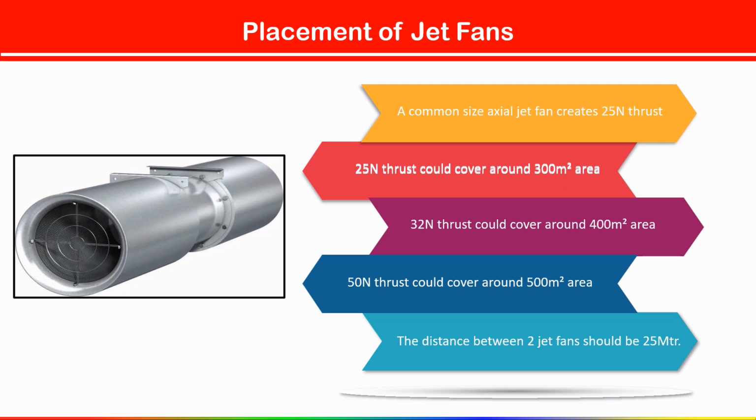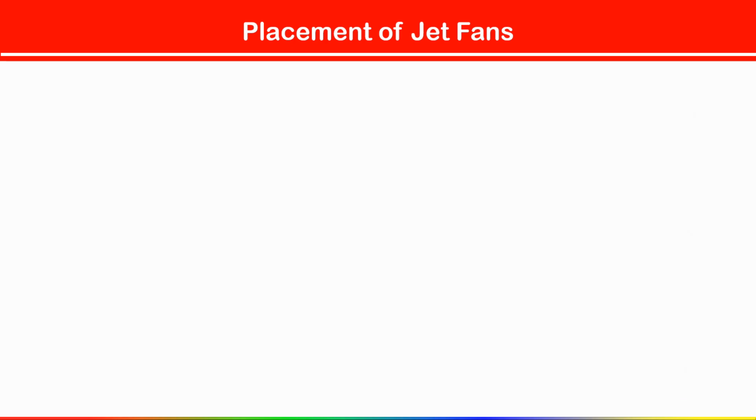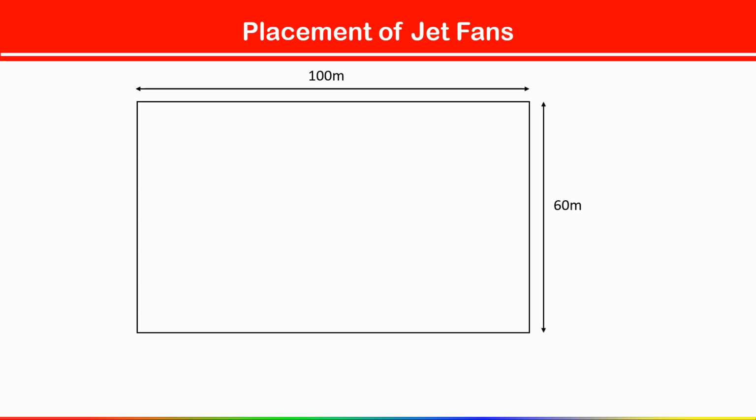From one jet fan to the second jet fan, we have to maintain 25 meter. Now see, take one example. Suppose I have a basement. The length of the basement is 100 meter and the width is 60 meter. Here I want to show you how many jet fans we need in this basement.